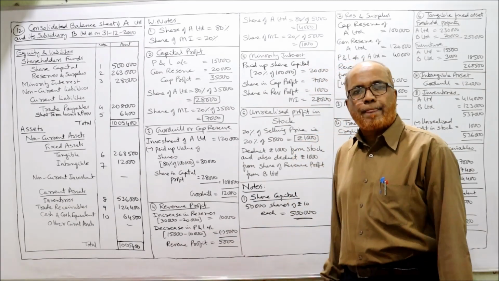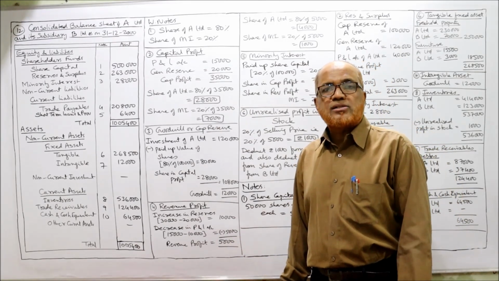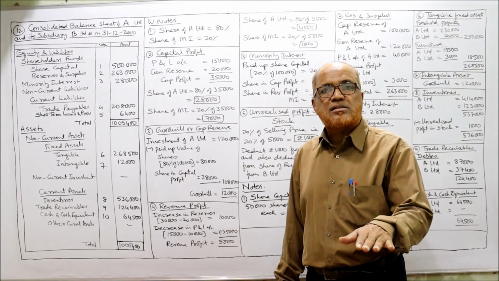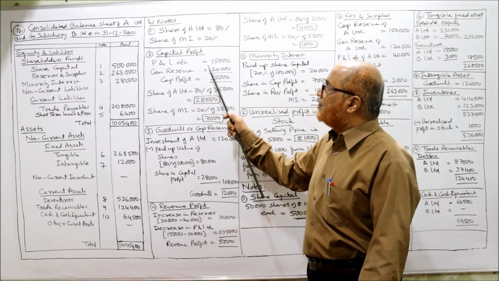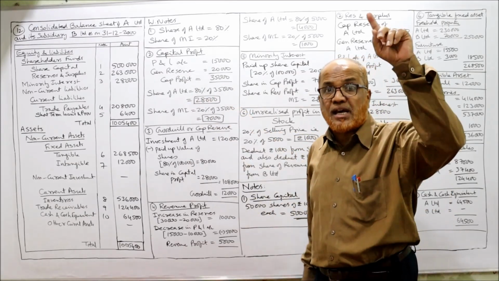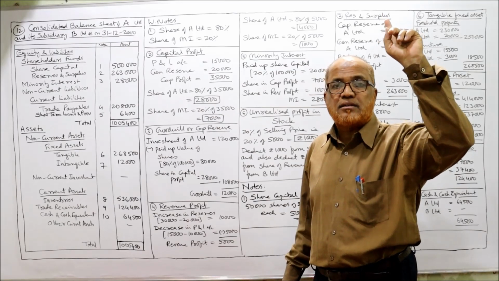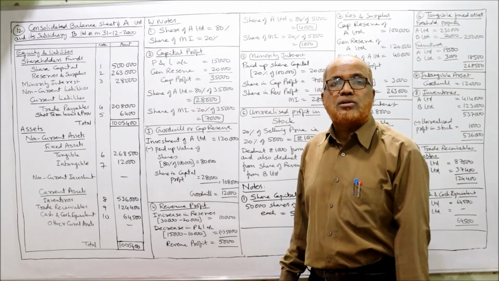So this is revenue profit. Similarly, decrease in P&L account: the profit and loss account has not increased, it has decreased. At the time when the shares were acquired, the P&L account balance was 15,000. On the balance sheet date, the P&L account is showing 10,000.